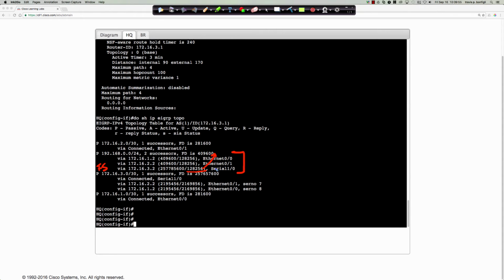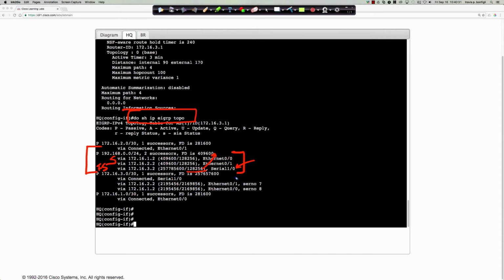And so when we're talking about unequal cost multipathing, I can only use successors and feasible successors when I'm doing that. So I have to understand the feasibility condition. And that's one of the other important reasons that the show IP EIGRP topology command by itself only shows successors and feasible successors, because this command right here gives me the output required to say, could I use that third path?